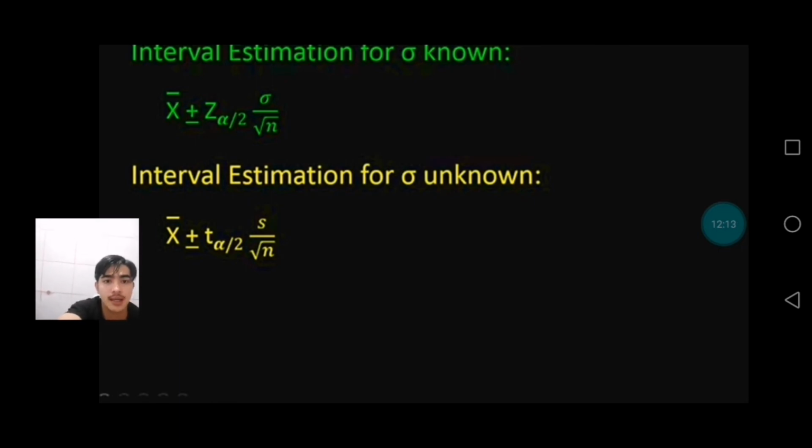Now let's take a look at how the confidence interval when sigma is known and when sigma is unknown differ. We learned that in interval estimation for sigma known, we use this formula: x bar plus or minus z alpha over 2 times sigma over the square root of n.